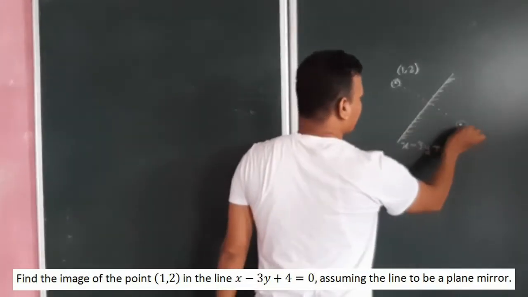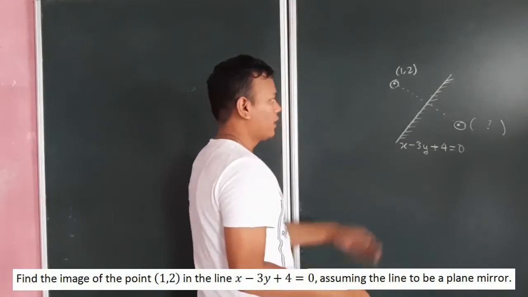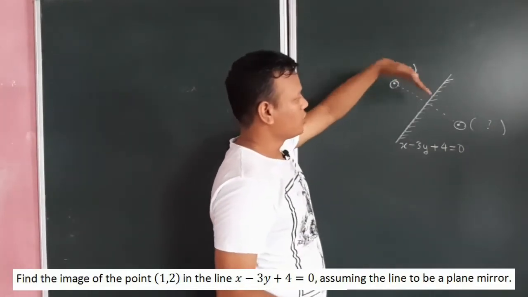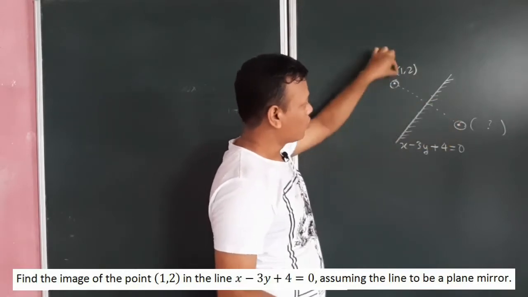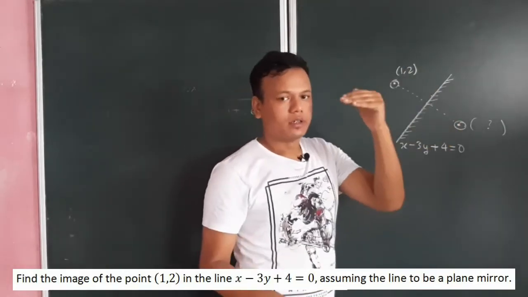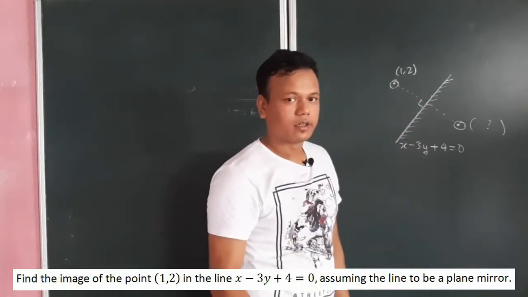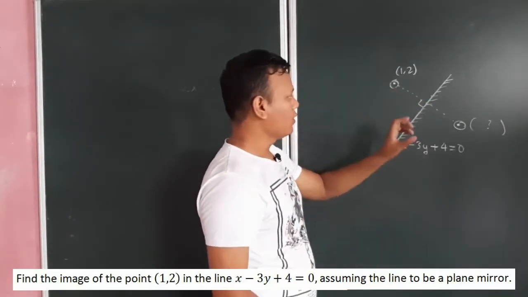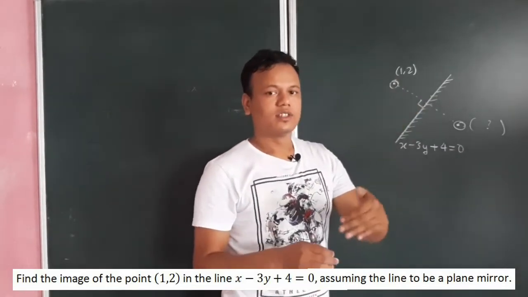Basically, we need to find the coordinate of this, and you need to remember that we always measure the distance of the image and the object from the mirror in a perpendicular way. That means this has to always be a perpendicular. This is also like the problem we did just earlier.